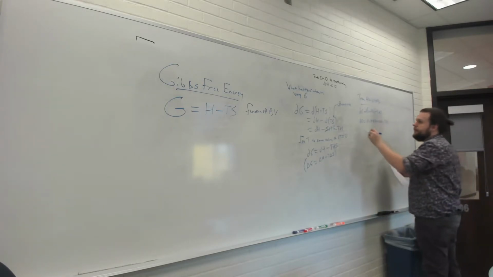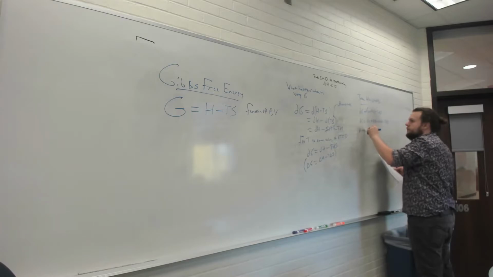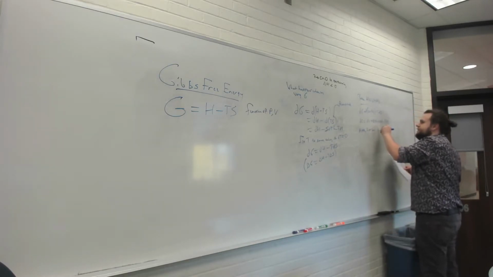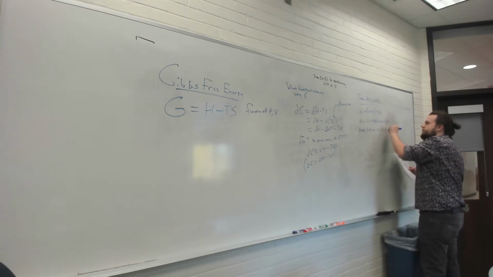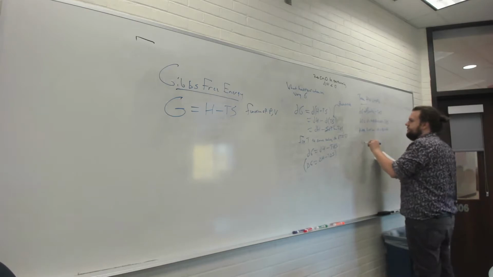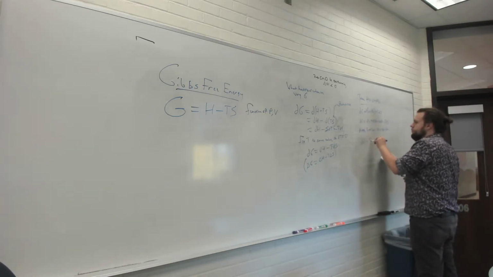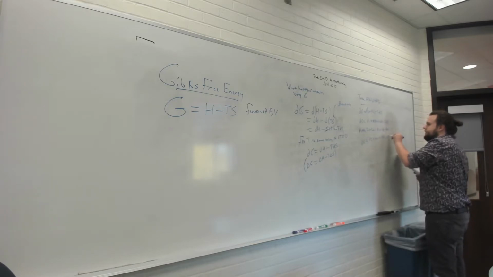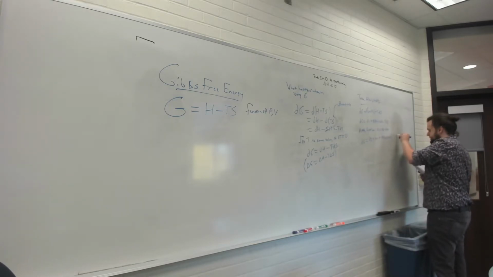And now we can apply the first law, which is that dU is equal to dq plus dw. So dG is equal to dq plus dw plus P dV plus V dP minus T dS.